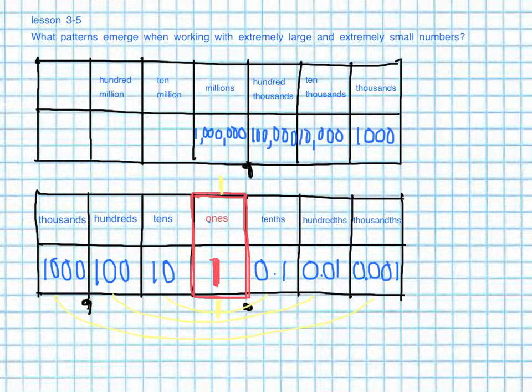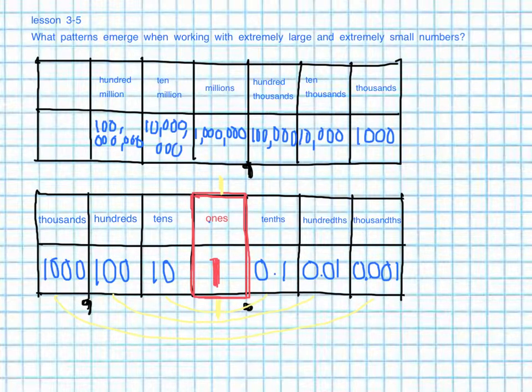Hopefully, what you saw is this pattern: ones, tens, hundreds. Thousands, 10,000, 100,000. Millions, 10 million, 100 million. And 100 million is going to be 1 followed by 8 zeros.